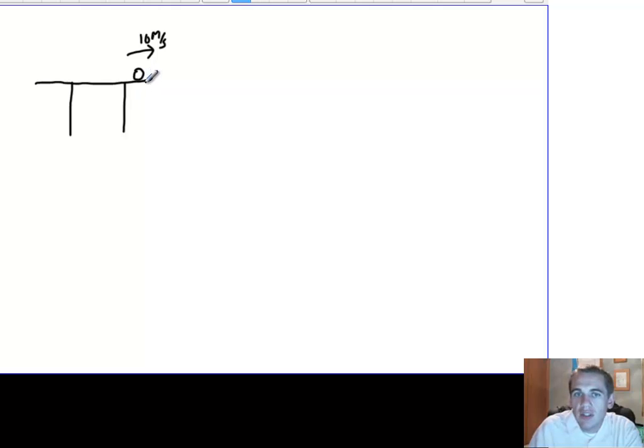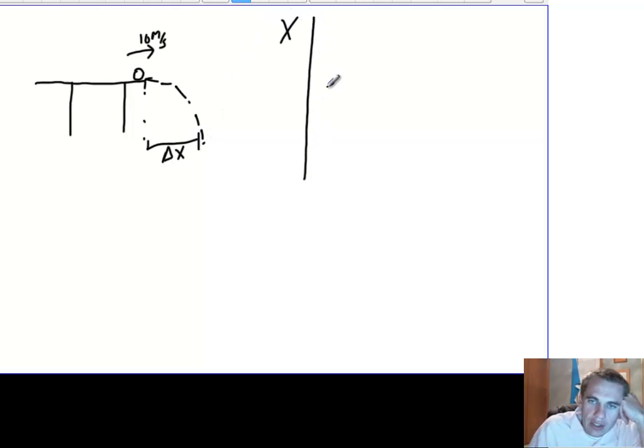But instead of this ball dropping straight down, we're going to have the ball follow a curve down to the ground. And so the question becomes, how far away does this thing land from the edge of the table? What is this change in position? Well, that's a change in x, not a change in y. So we're going to keep these two separate in every single problem we do.